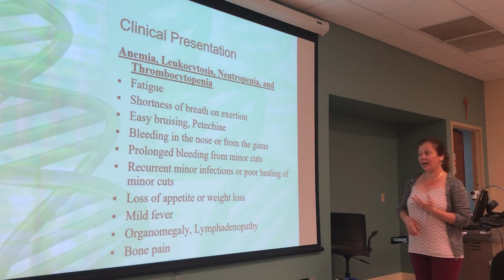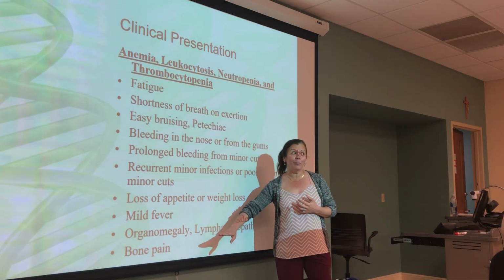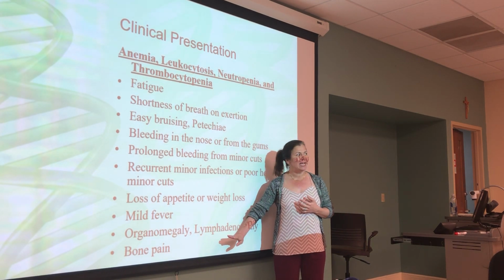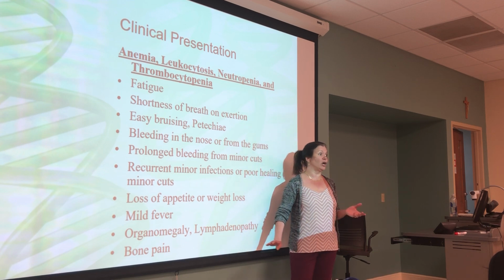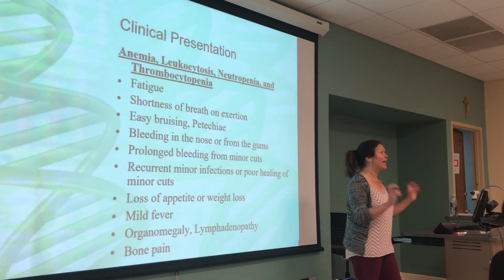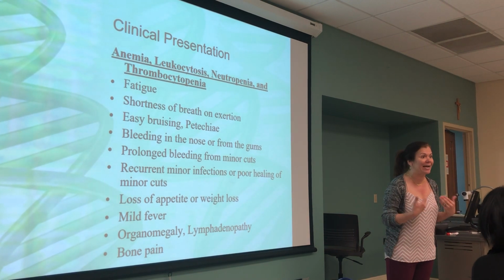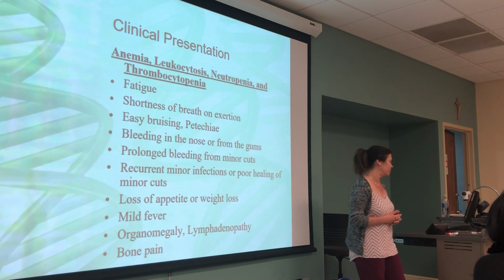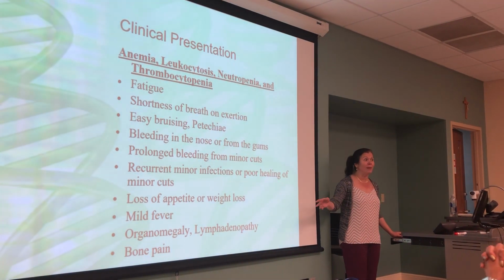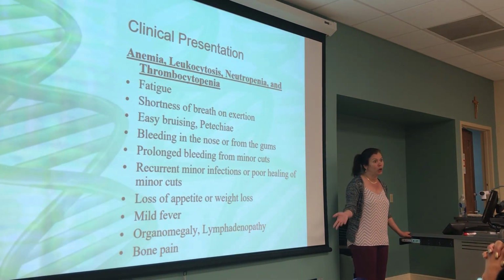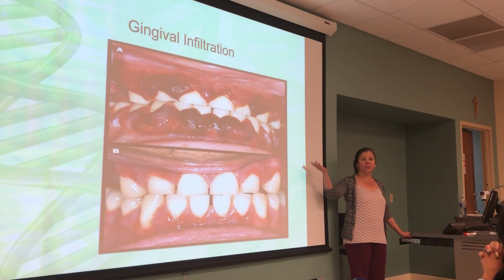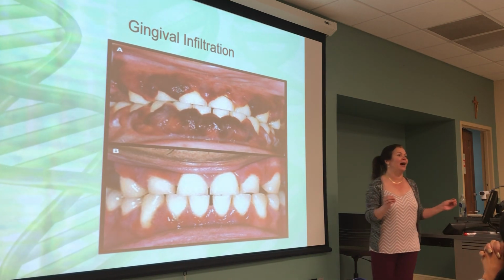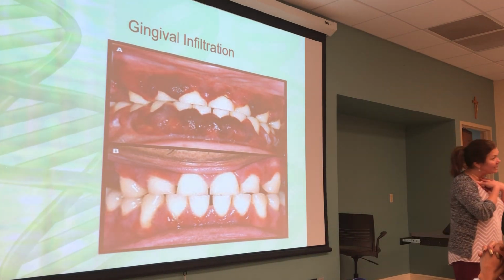Now, why do the patients have bone pain? Why do the patients have splenomegaly? Because remember, the secondary lymphoid organs are actively working to compensate for the deficit of the bone marrow. And when the bone marrow is in hyperproliferation, that hurts. Gingival hyperplasia. Remember that your tonsils are lymphoid organs.